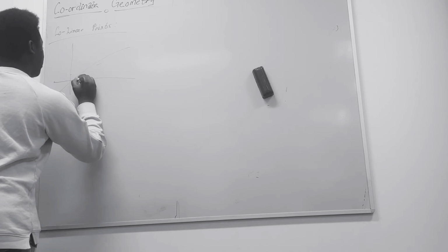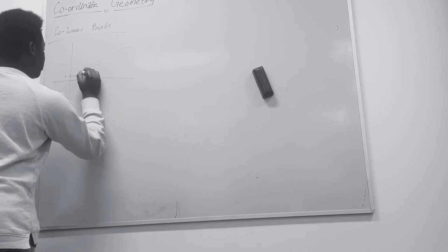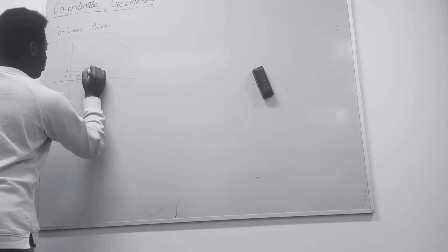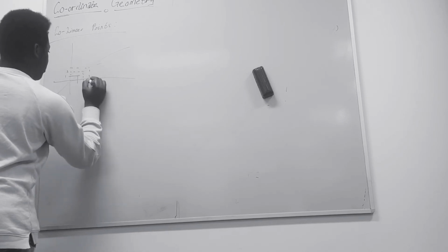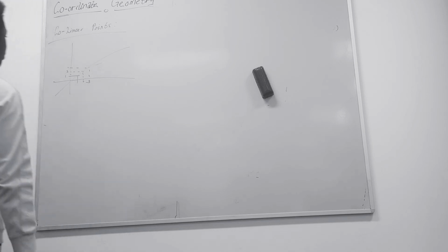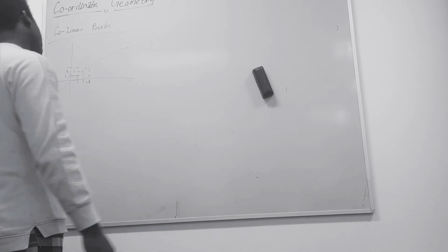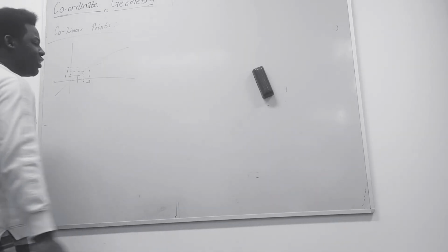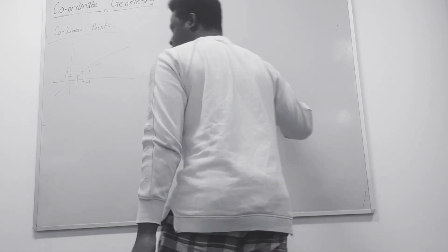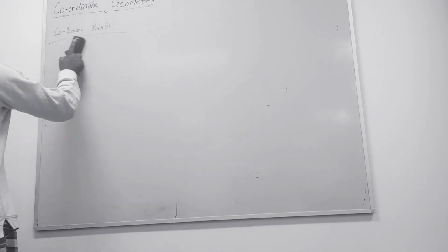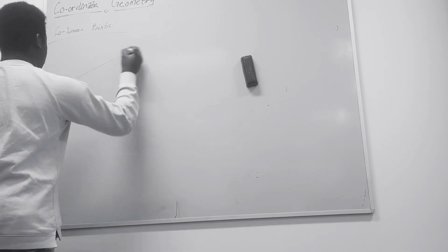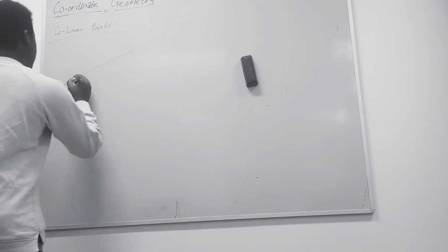So I have 1, 1, 2, 2, 3, 3, and so on and so forth. And I label them A, B, C, D. I don't want to use this picture. Let me use a more abstract picture, because that's too easy. Let me think of something more at this point.